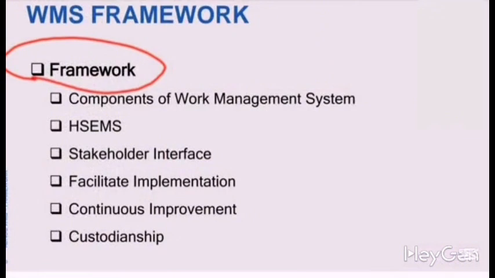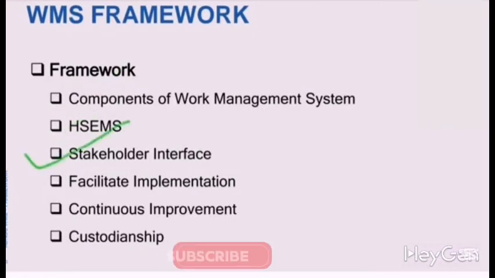In the WMS framework, the first component we will discuss is the components of the work management system. We will focus on all these aspects first. Then we will move on to HSEMS, which stands for Health, Safety, and Environment Management System. Next will be the stakeholder interface, discussing how stakeholders can interface in this process. After that, we will facilitate implementation, followed by continuous improvement.